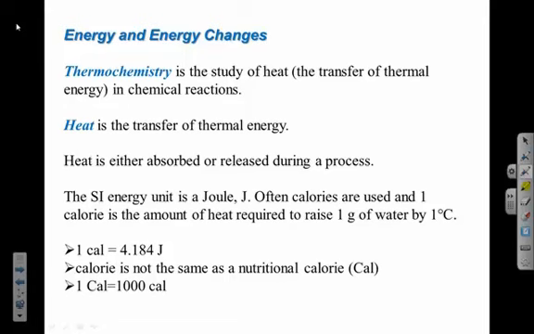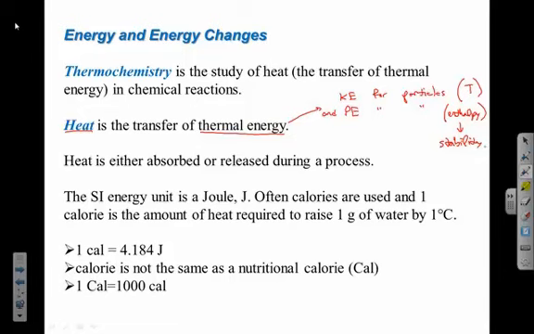So in thermodynamics, we're talking about exchanges of energy. We have to be able to quantify energy, so we need a unit to do that. So when we talk about heat, that refers to thermal energy. That is both the kinetic energy for particles, which we use temperature to measure, and the potential energy for particles that we would use something called enthalpy to measure, which relates to stability.